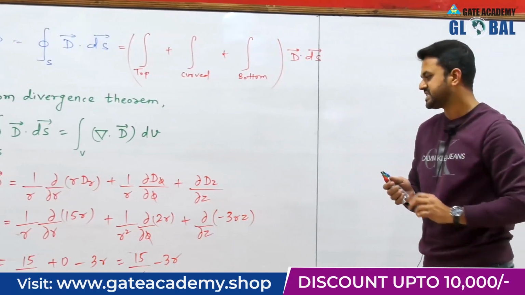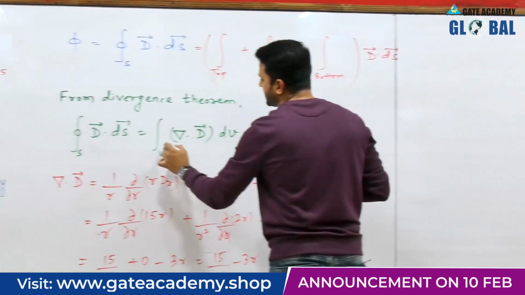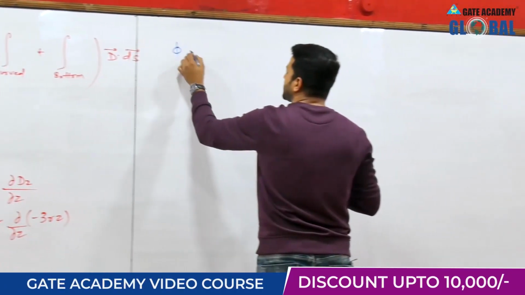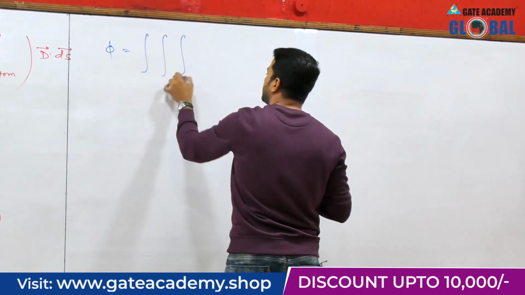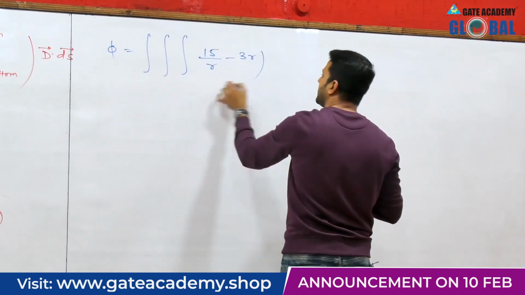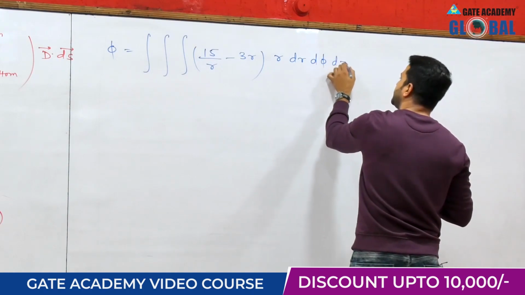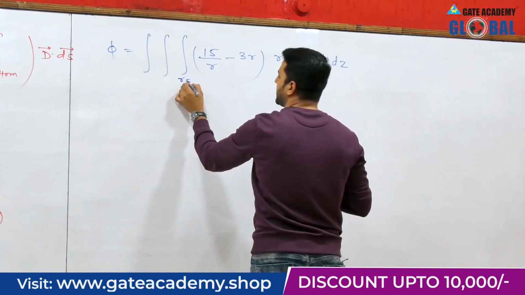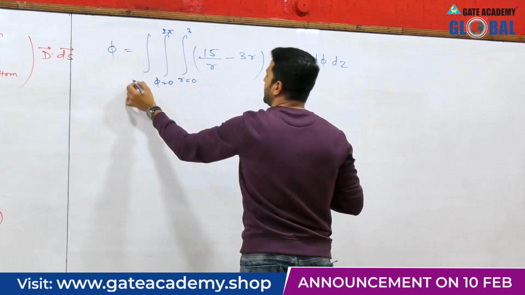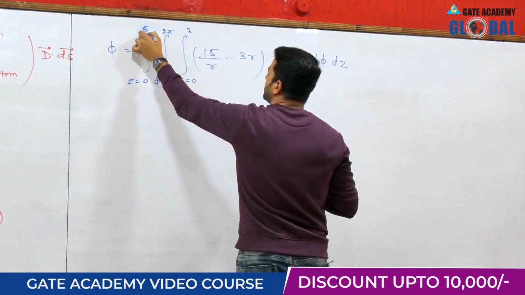So the divergence of D is 15 by r minus 3r, and we have to take the volume integration to calculate the flux passing through the closed surface. This flux is a triple integration of (15 by r minus 3r) r dr d phi dz, where the limit of r is from 0 to 3, phi is 0 to 2 pi to make the cylinder, and the height is from 0 to 5.